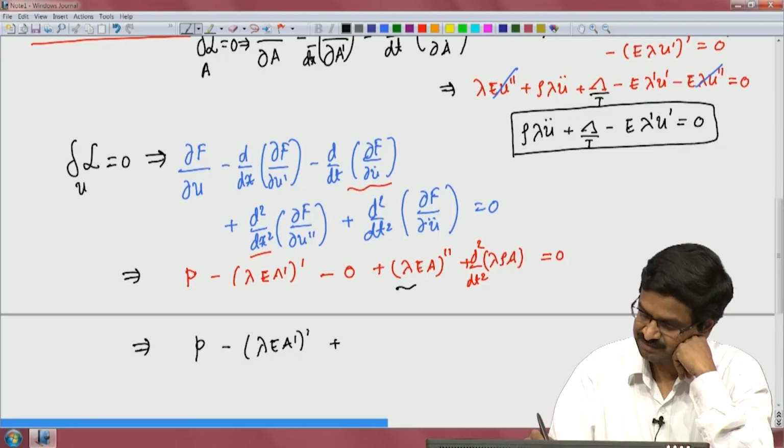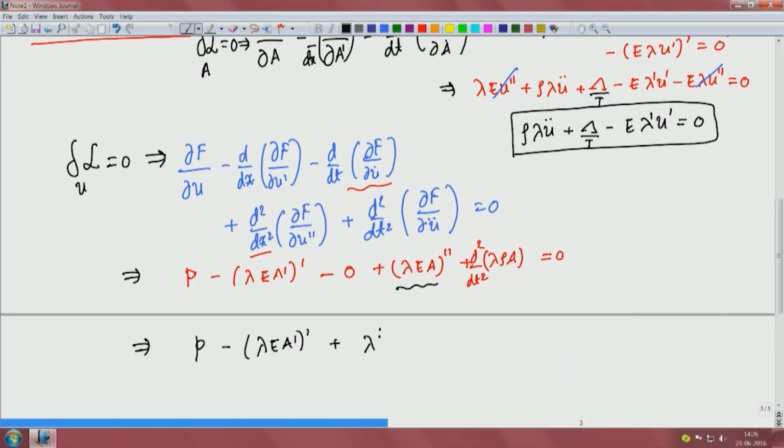If I expand this, that is going to give lambda prime e a prime plus lambda e a prime prime, plus rho and a do not vary with time, so it will only be the second derivative, lambda double dot, equal to 0.